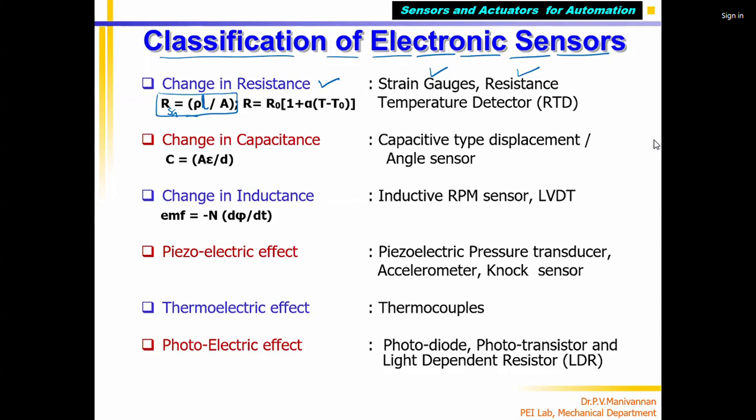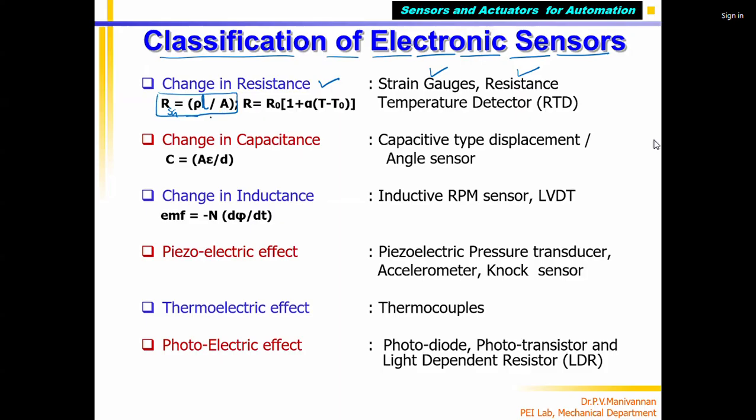Generally, strain gauges are made of metals, or sometimes they use semiconductor also. Mostly it is metal. Rho is called the resistivity of the metal of which the strain gauge is made. L is the length of the strain gauge wire. A is the cross sectional area of this wire.